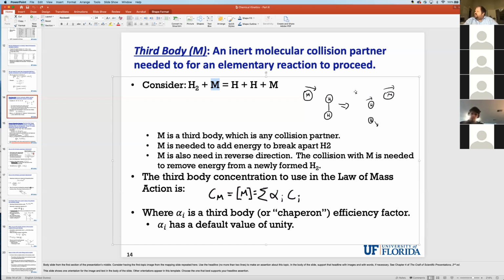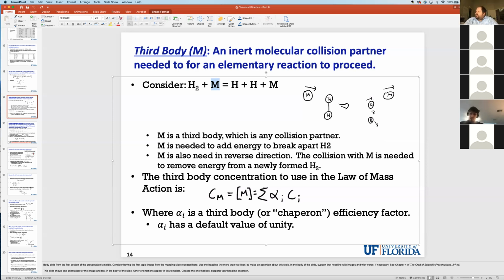So these H atoms, much of the time, there'll be enough energy in both of these H atoms that if they come together and start to form a bond, there'll basically be so much energy in that H2 molecule that is formed that it'll almost fly apart right away, right?